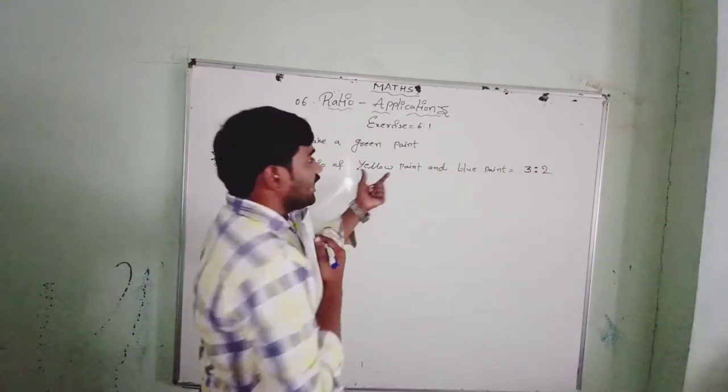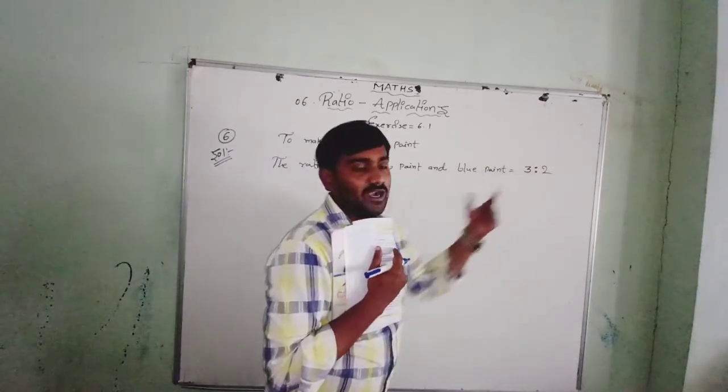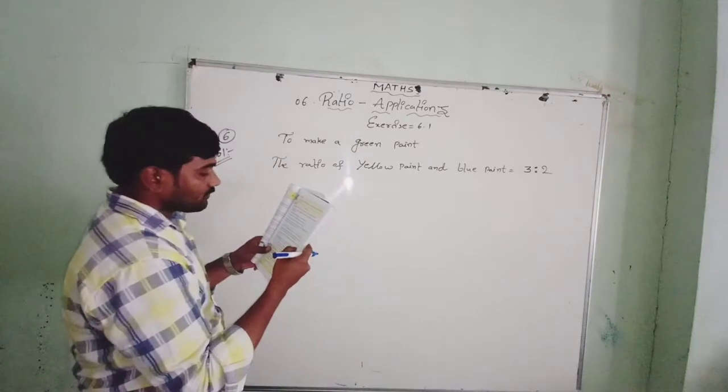That means yellow paint is 3 parts, blue paint is 2 parts. Now what he gave, let us see.